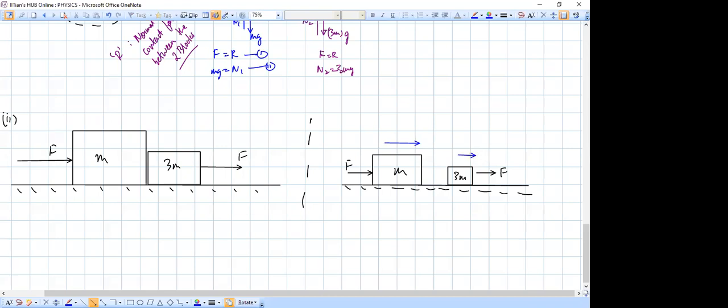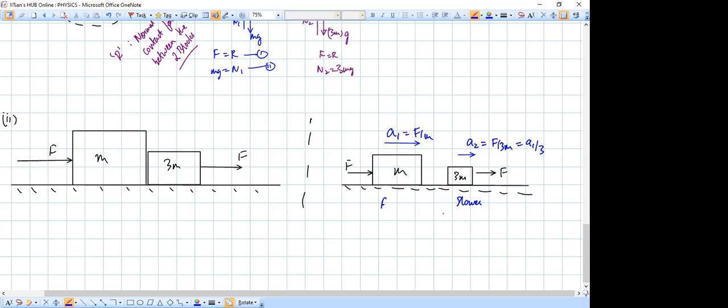Okay. So that is actually 1/3 of a1. So this would be moving slower. This would be moving faster.